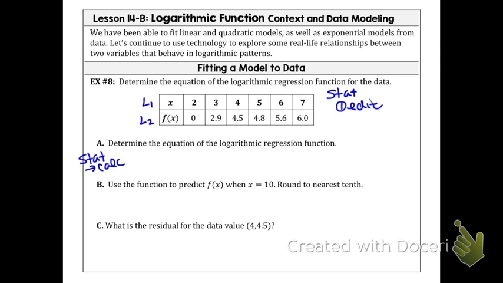All right, so on this one, we see that our equation is going to be y equals, our a is negative 2.646 plus our b, which is 4.654, and then it's the natural log of x.